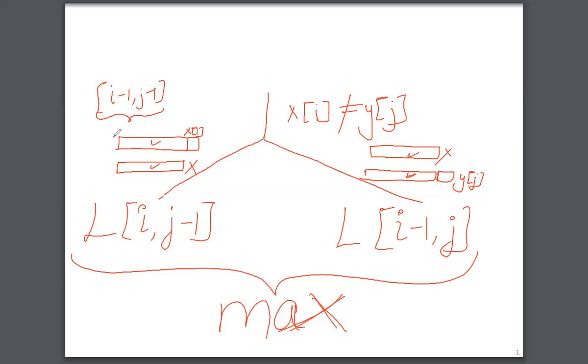In the previous argument, x of I was equal to y of j. What I'm saying now is x of I is not equal to y of j.